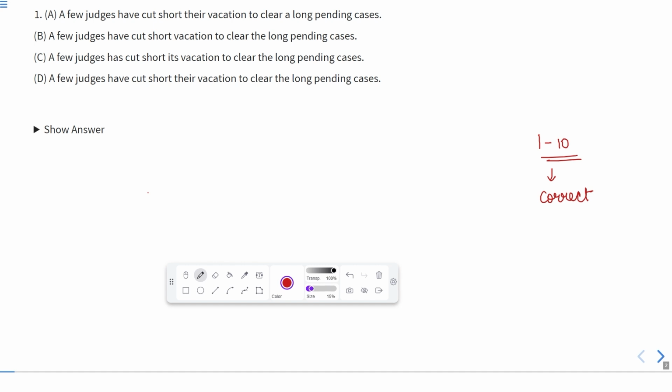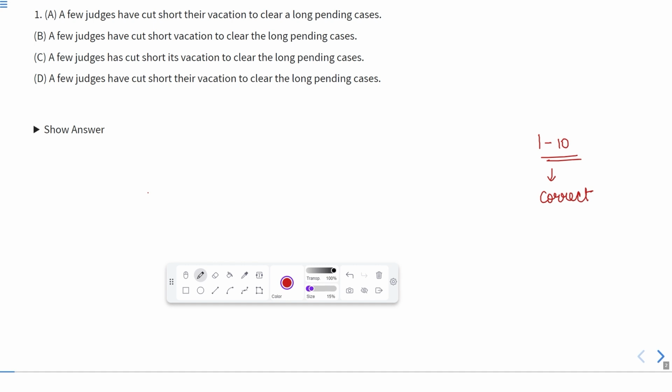A few judges have cut short their vacation to clear a long pending cases. Cut short means minimize, or make less. Their vacations means holidays, to clear a long pending case.